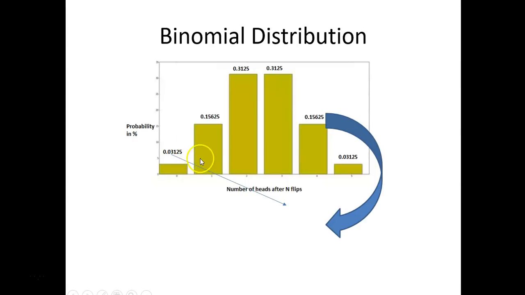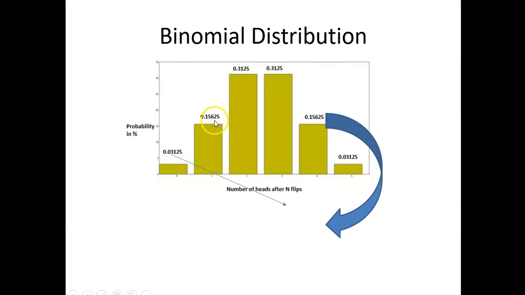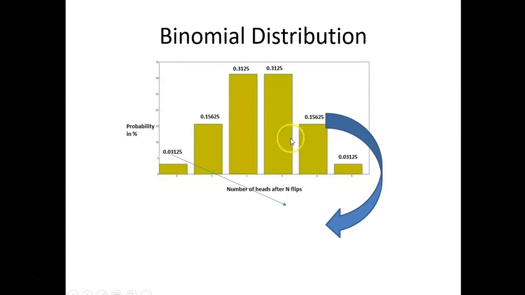The problem that we discussed just now had these different values. This is the probability of getting 0 heads. We calculated it as 0.03125. Then probability of getting 1 head was calculated as 0.15625. Then 2 heads was 0.3125, and so on.